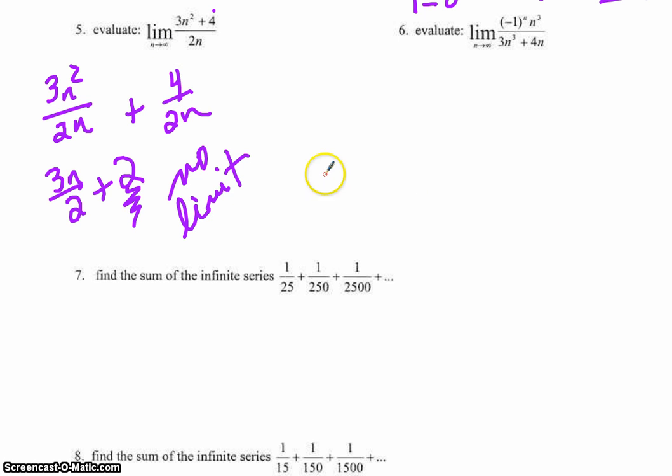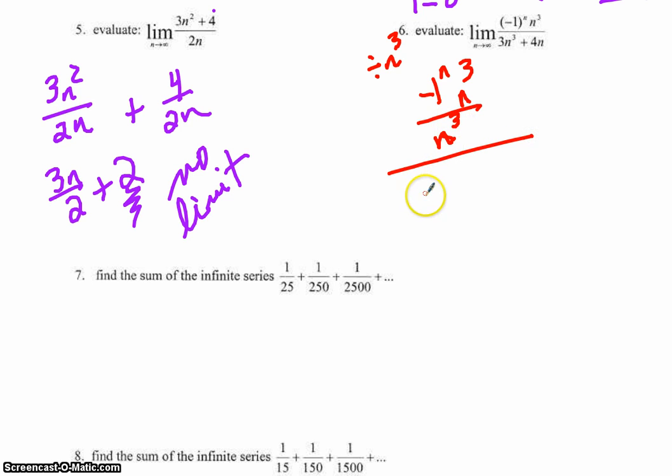All right, looking at number 6. There's a lot to this. You're going to divide everything by n to the third. So you have -1 to the n over n to the third, all over 3n to the third over n to the third, plus 4n over n to the third.